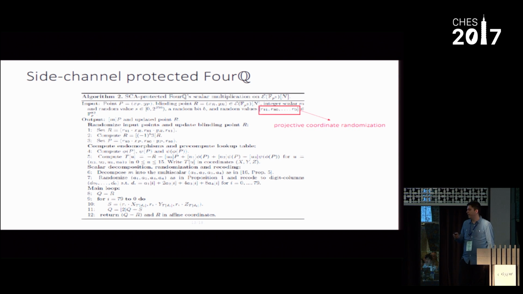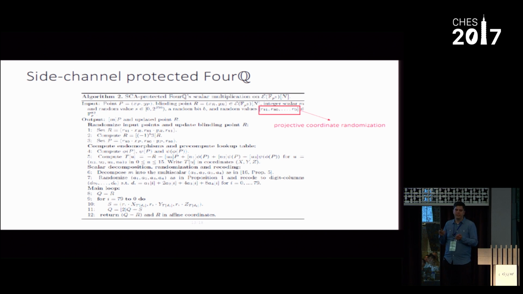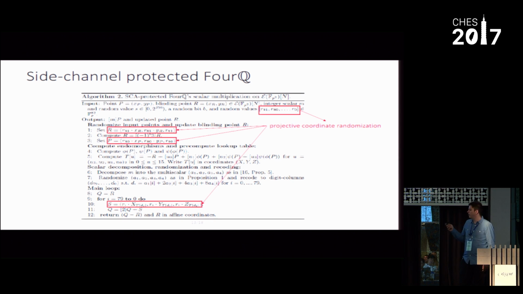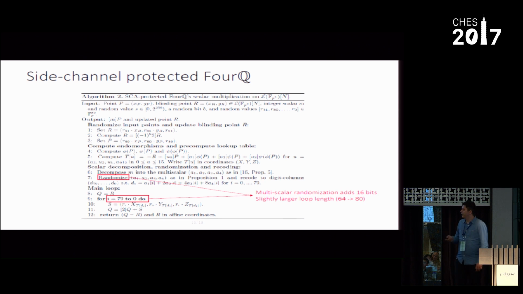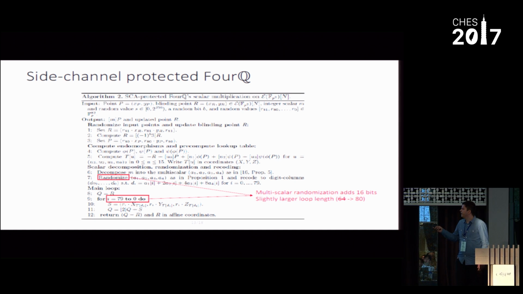And the last technique is to randomize the projective point coordinates. We receive masks in FP here, and then we randomize all the points, R and P here, and all the points S in the main loop. So this is the projective coordinate randomization that I mentioned before. And also, this is the new technique we introduced that expands Ciet et al. to randomize the multiscalar.